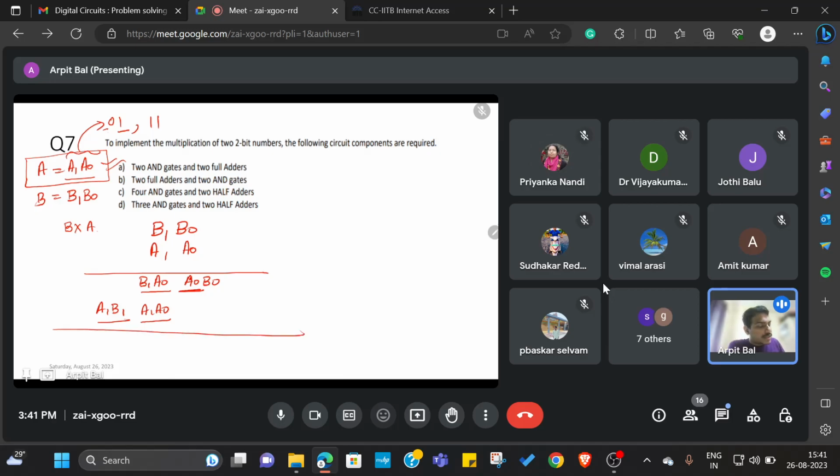These are actually called partial products. Why partial products? Because we are taking half of the bits and generating these terms. Let me call this result c0, and this result c1, so actually the summation of this result is c1.